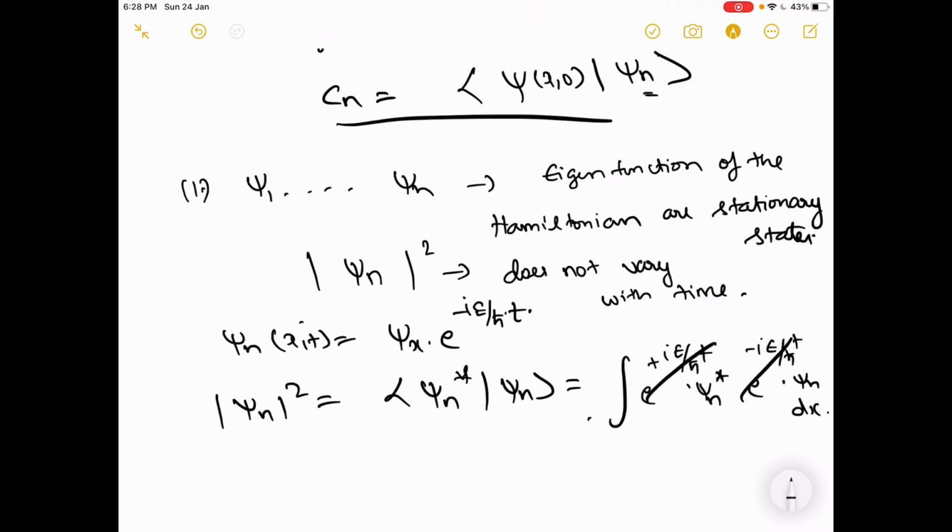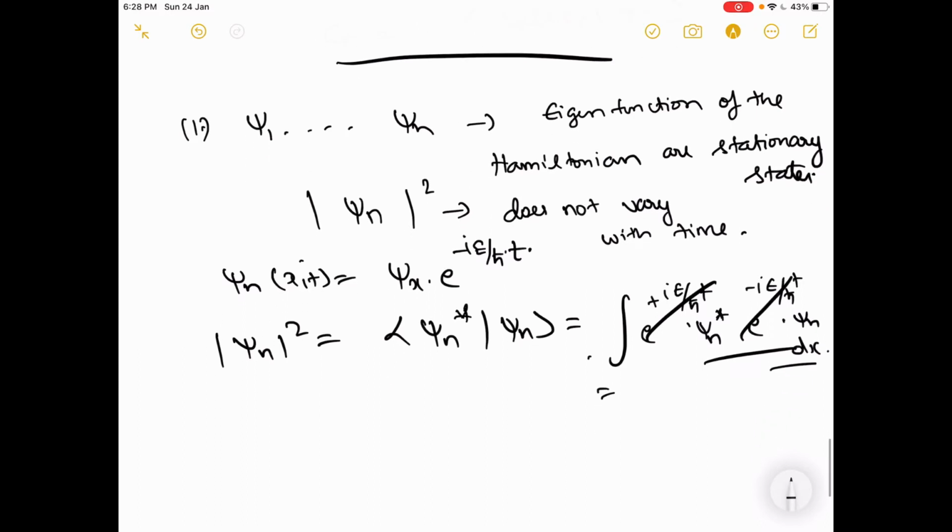So the time component vanishes. So eventually you will get the same solution when the time component is missing, right? So basically you will get psi n of x square.